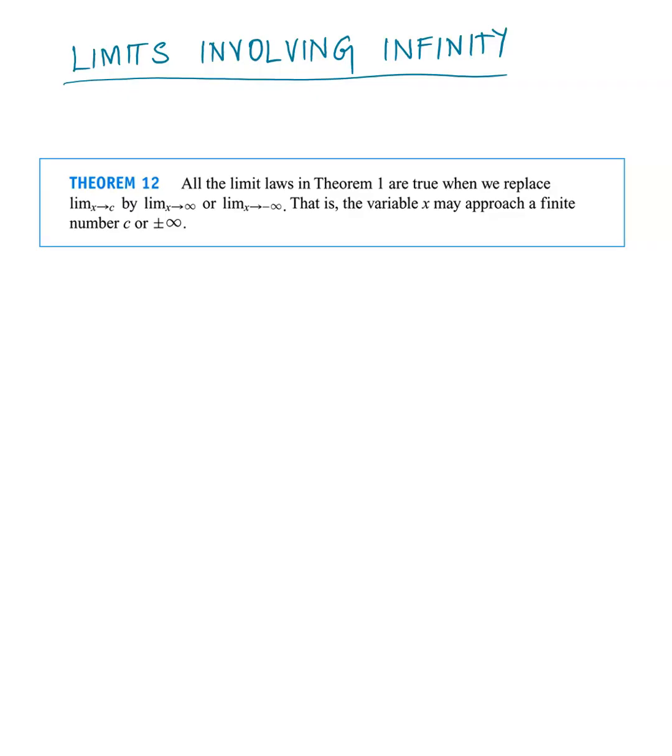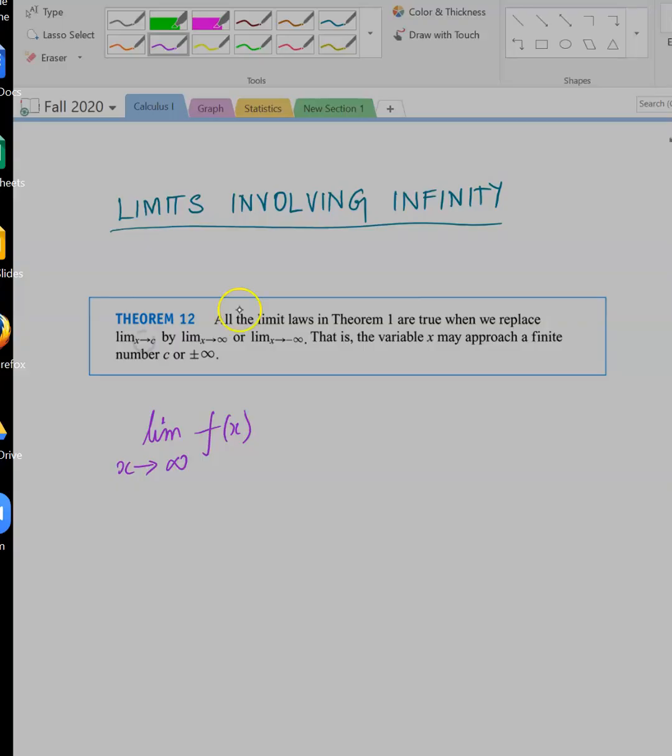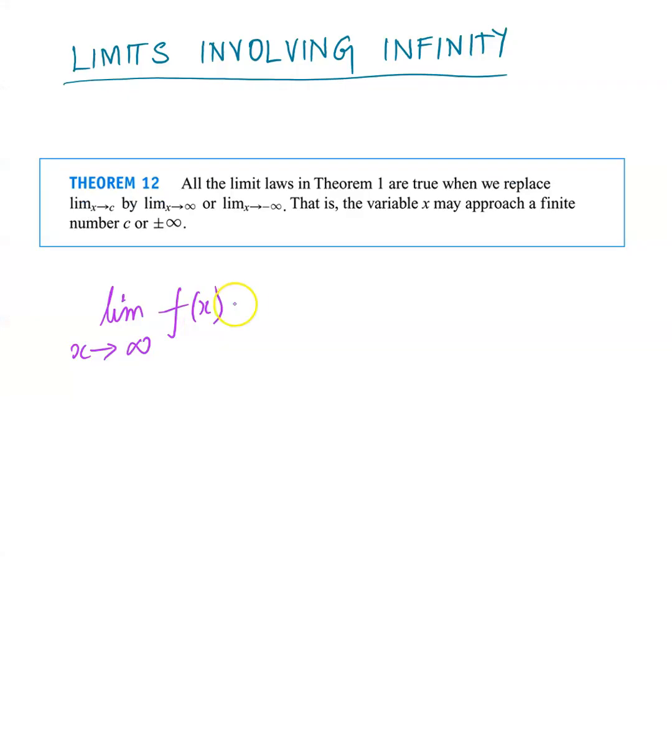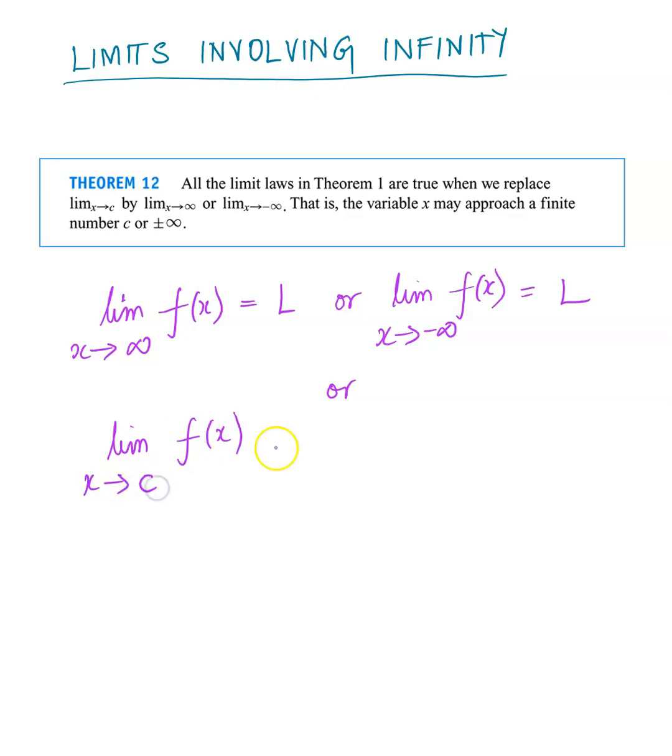So you can now expect to see the limit of f of x as x approaches infinity giving you a value L, or the limit of f of x as x approaches negative infinity giving you a value L. We could also find the limit of f of x as x approaches c giving you infinity, or negative infinity.